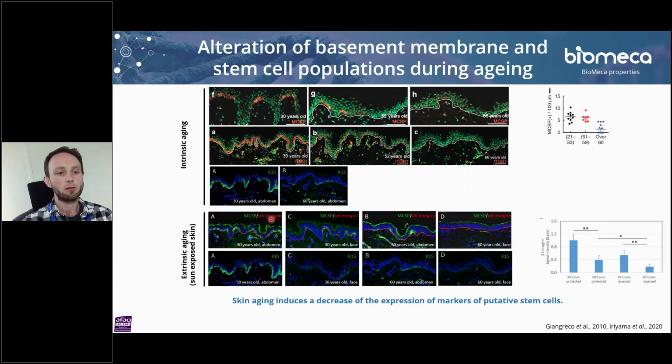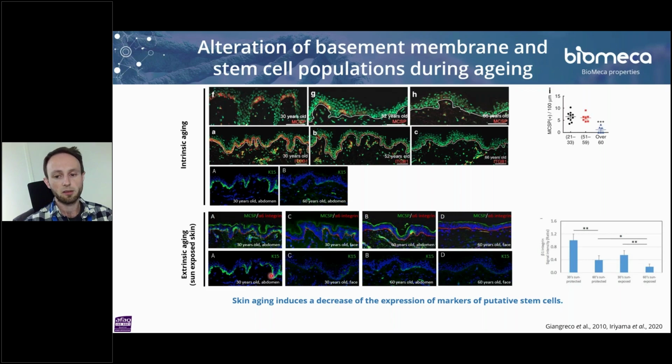These modifications are not only detected in intrinsic aging, but also in the case of extrinsic aging, such as the exposure of the skin to UV irradiation. So in this study, they compared skin from different body areas, the abdomen here and the face here, and the authors made the postulate that face skin is more exposed to UV than skin from the abdomen.